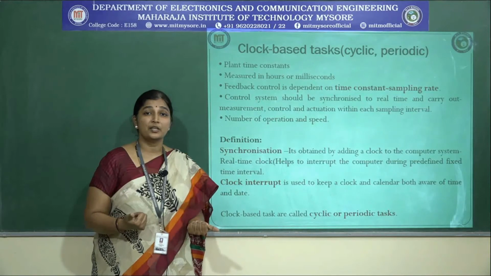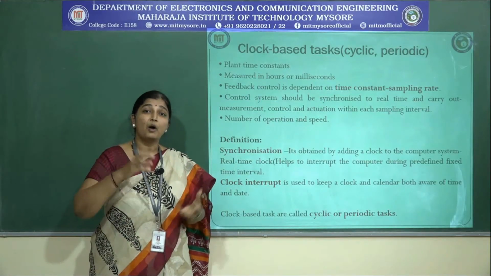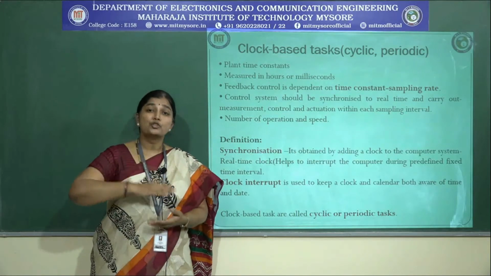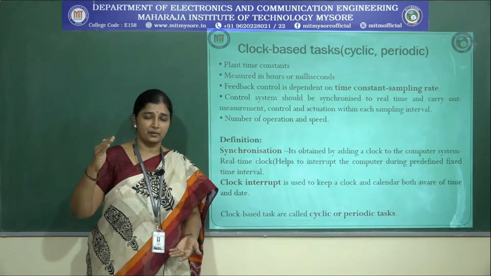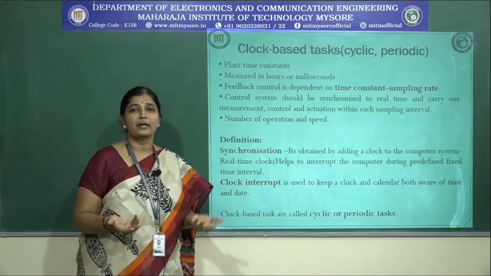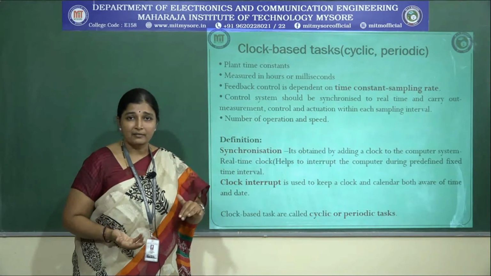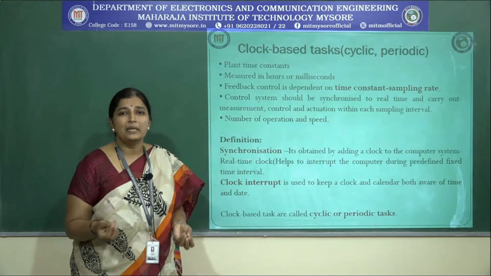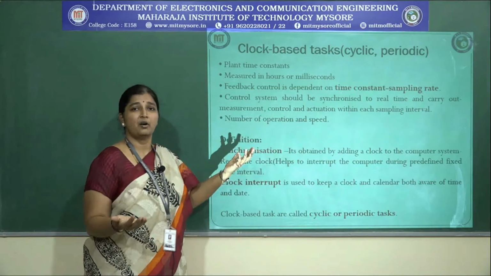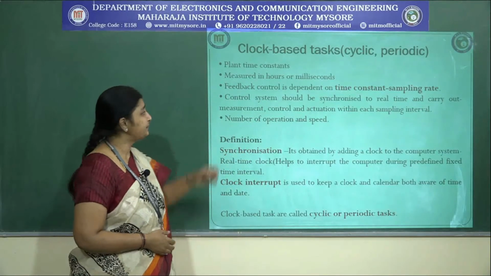In a chemical processing unit, you have certain concentration levels to be attained, so it might take hours of experiments. But in air traffic control, in taking off and landing, it needs only a few milliseconds, isn't it? So it can be measured in hours or even in milliseconds.